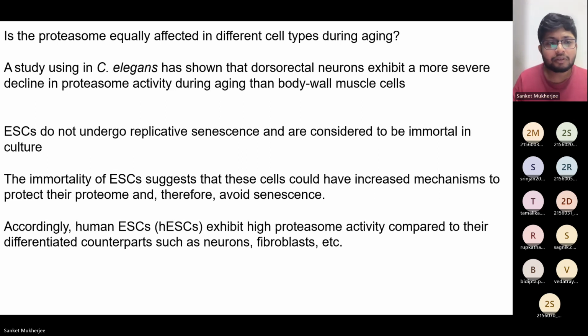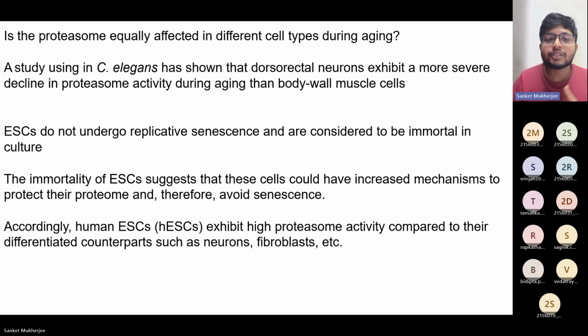So you know what ESCs are? Embryonic stem cells. Yes, so they do not usually undergo replicative senescence and they are considered to be immortal in culture. When they're immortal, we are supposed to think that it is because they can maintain their proteins properly.